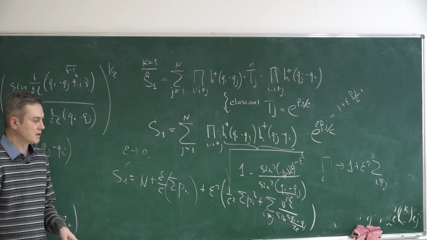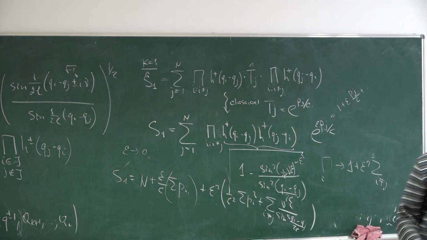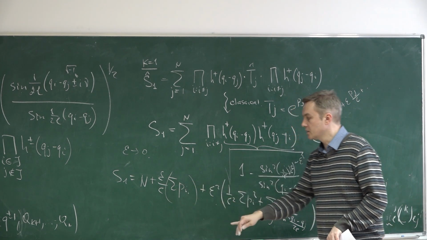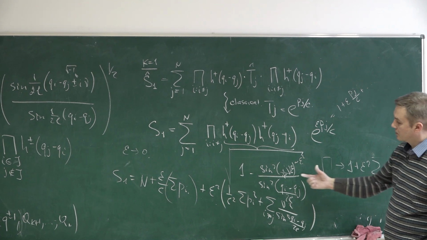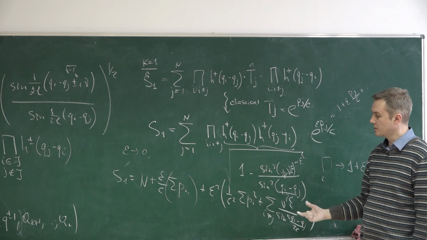It should be done accurately, but I hope you may see that it works. In the first order you obtain the sum of momenta, and in the second order in epsilon you just need to expand the product of all these square roots.